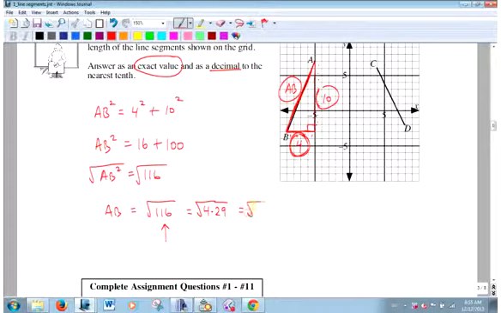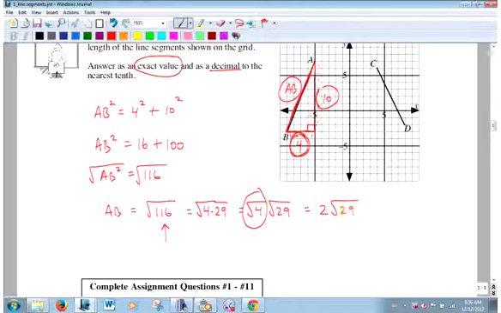And I can split this radical up. Okay, the square root of 4 times 29 is the same as the square root of 4 times the square root of 29. And why did I want to do this again? Because I know what that is. What's the square root of 4? 2. So that's 2 times root 29.